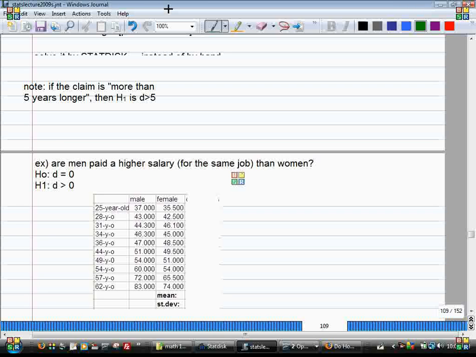They're the same age. And in terms of design, what does that mean? They're matched pairs by age, so you can directly compare, for example, 37,000 to 35,500. By the way, why does it make sense to do matched pairs using age for this question?